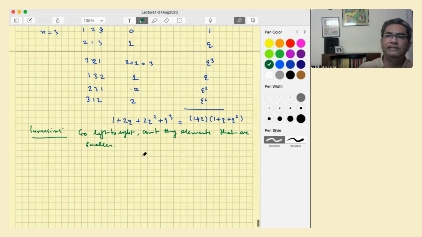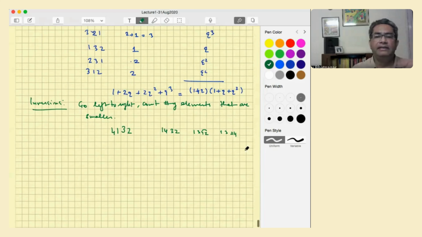Let me do one more example before I write down. This is an inversion, right? 1 is less than 4. So suppose I flip it. Now this is also an inversion, so I flip that. Now 2 4 is also an inversion. This is also an inversion, so I flip that.